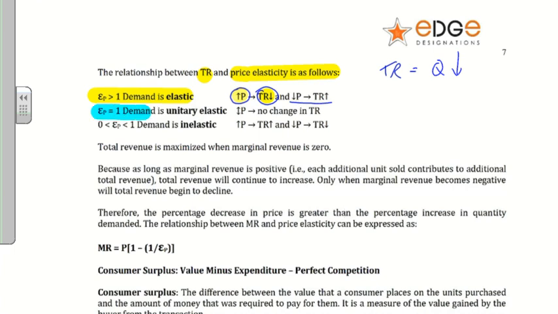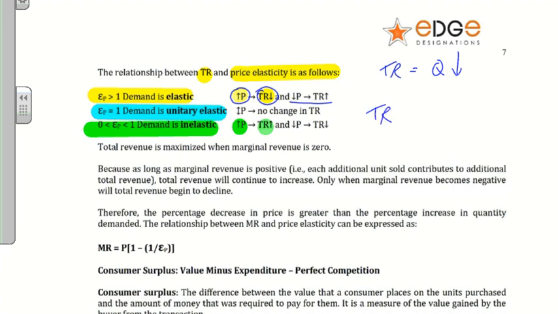When demand is unitary elastic, no changes at all. And when demand is completely inelastic, as I raise prices, look what happens. I raise my prices, but demand is inelastic, so quantities remain the same. If quantities remain the same, what happens to total revenue?